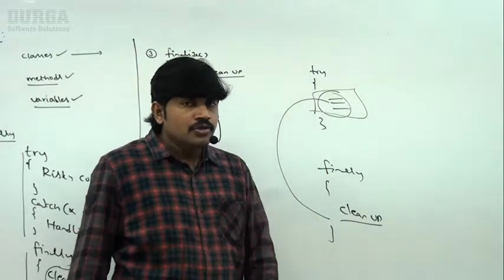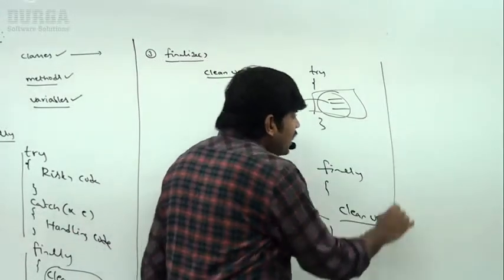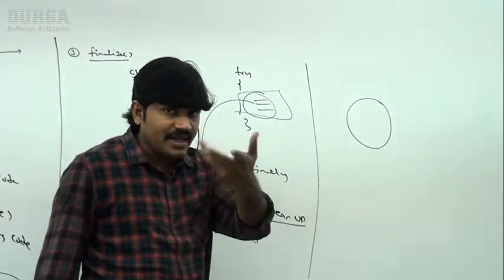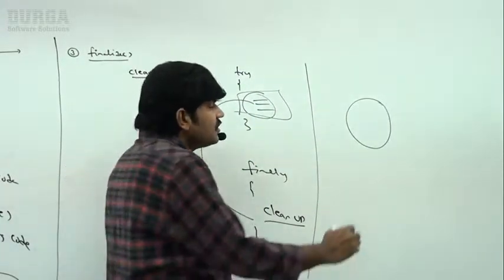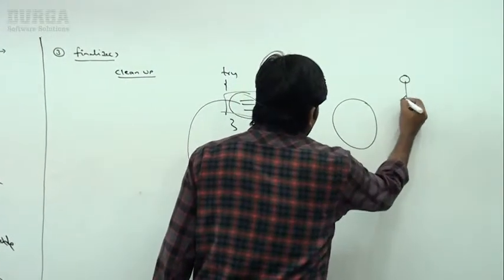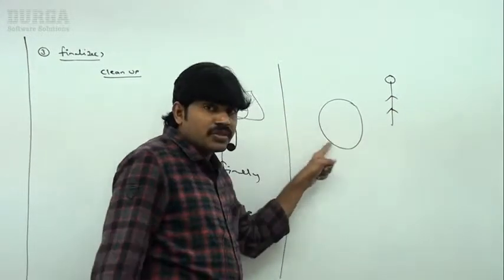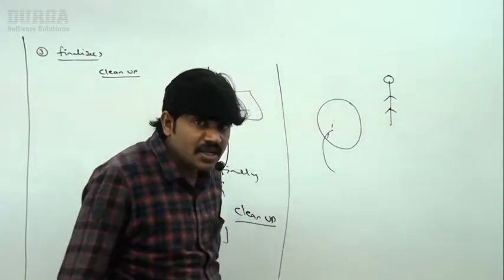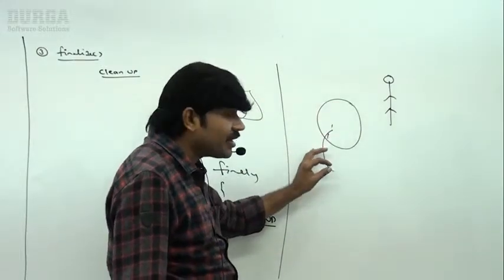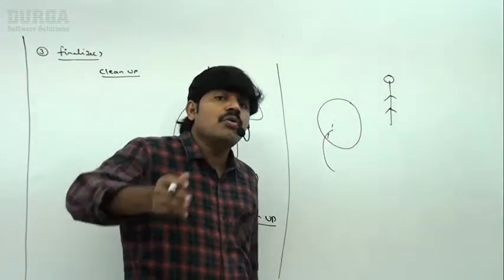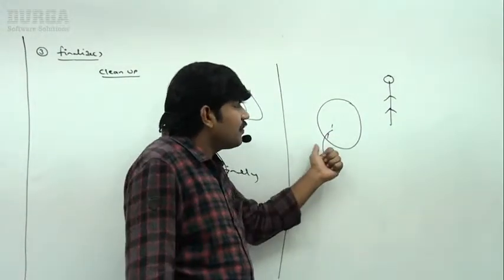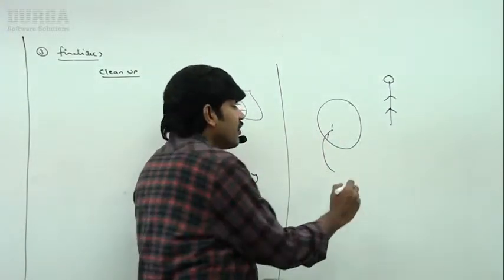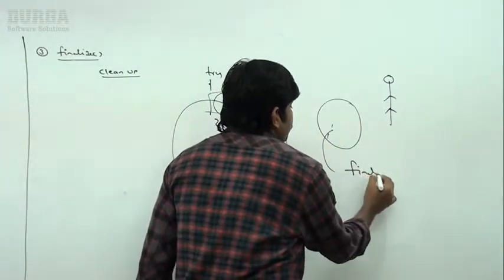Remember that, okay? Next, I have an object. No try, catch, finally. Just before destroying an object, if any resources are associated with this object, I want to close them. To perform such object-related cleanup activities, we go for the finalize method.